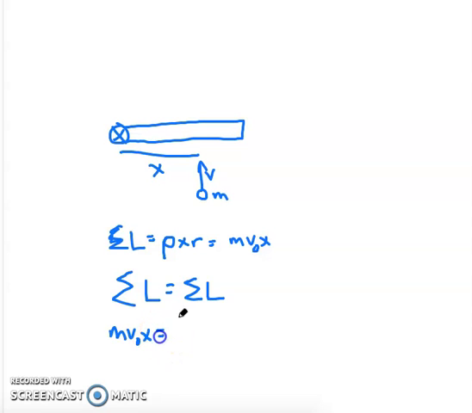And then for afterwards, this should be prime. You have one system because they stick, but you have two moments you want to combine together. So the general equation for after is going to be I omega, but we want to get more detail about which I we are talking about. That's the combined moment of both the ball and the rod.